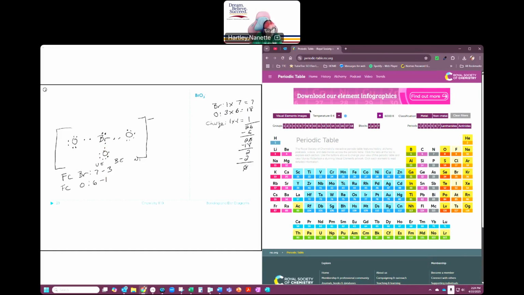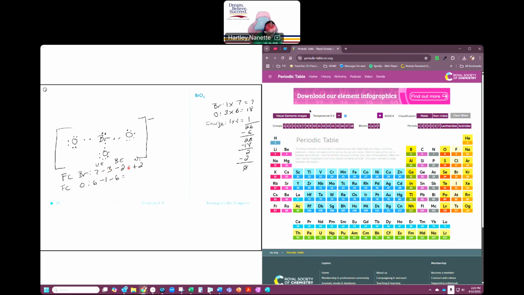Then we're going to subtract the non-bonding electrons. The bromine has 2 non-bonding electrons. That lone pair belongs entirely to him. And then these oxygens each have 2, 4, 6. So if I look at the formal charge for the bromine, he should have 7, and he has 5. So his formal charge is plus 2.